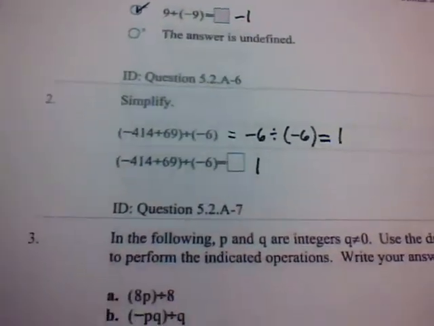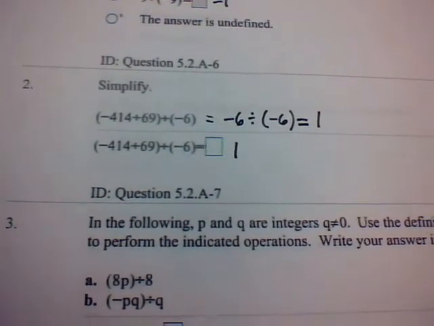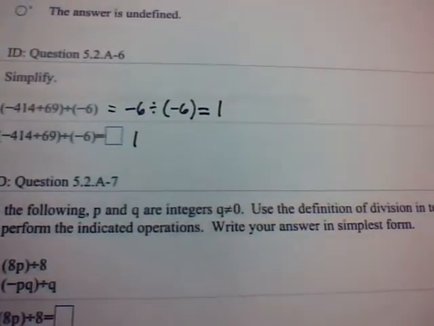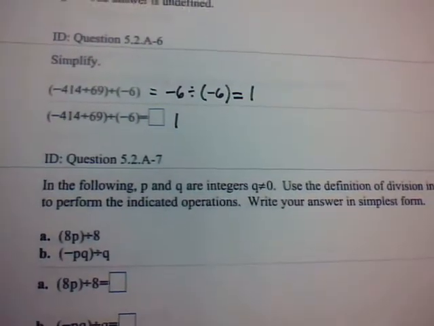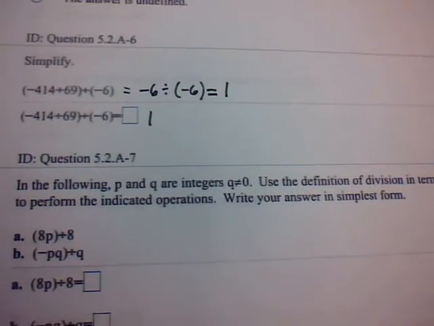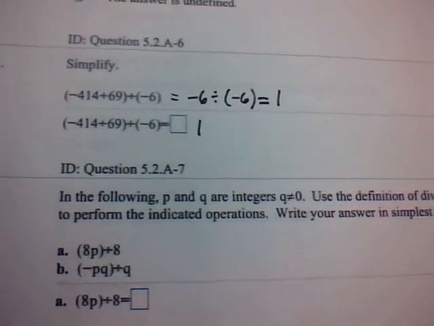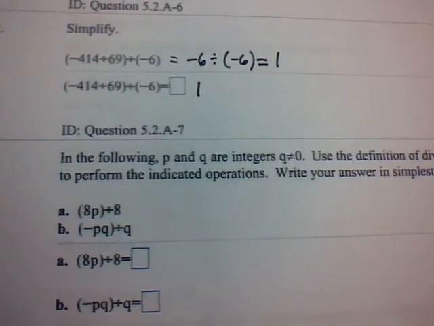Number 3. In the following, P and Q are integers, where Q is not equal to 0. Use the definition of division in terms of multiplication to perform the indicated operations, and write your answer in simplest form. Well, in this case, in part A, you've got 8P divided by 8.